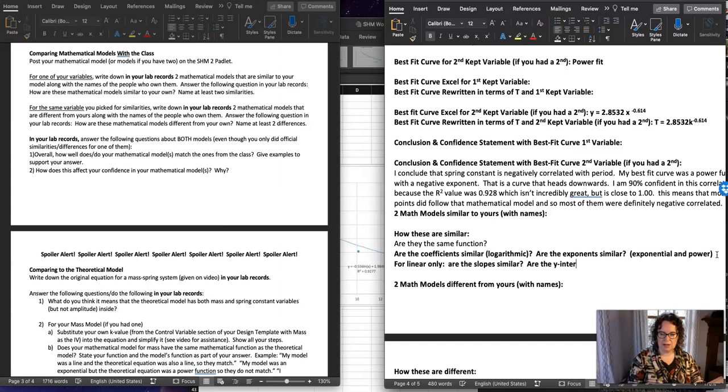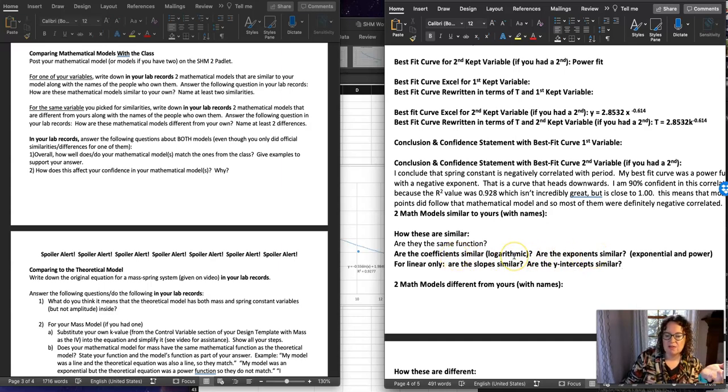Are the y-intercepts similar? Depending on what math function you have is what you can compare. So if you're comparing two linear functions, you would compare their slopes and intercepts. If you were comparing two power or exponential functions, you would compare coefficients and exponents.